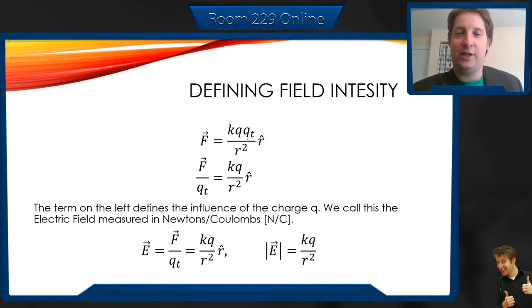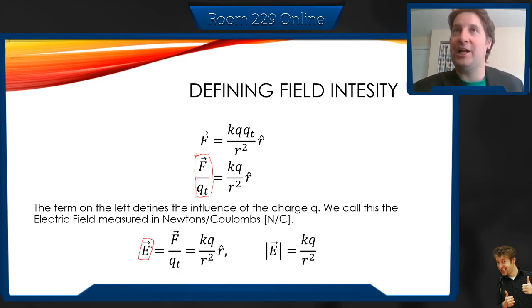Now, instead of Q1, Q2, let's say QT here. QT is our test charge, and we're going to divide both sides by QT. So now we end up with this idea of force per test charge, newtons for 1 coulomb, defined by kQ over r squared. And this piece here is what we're going to define to be the electric field.